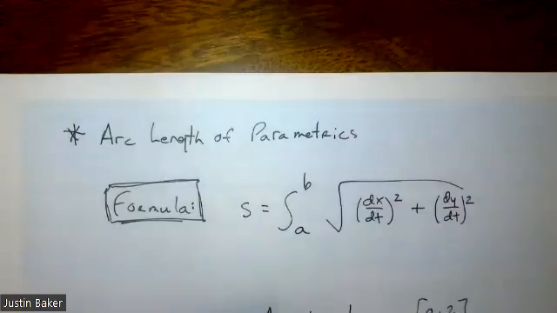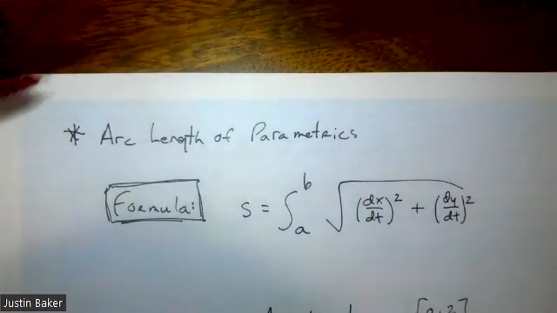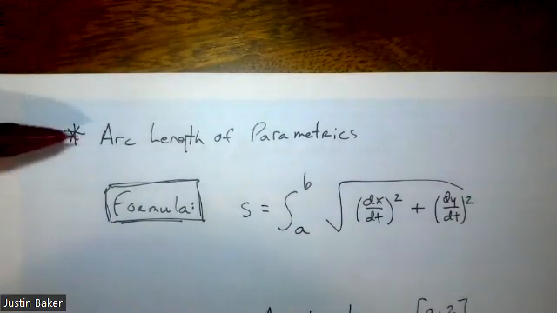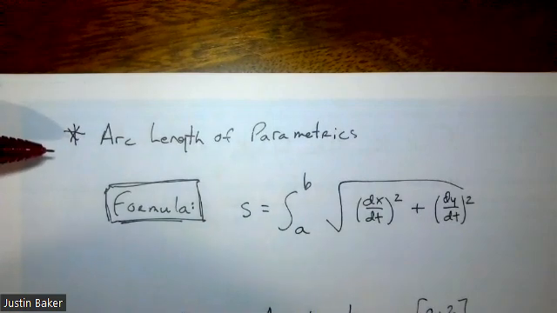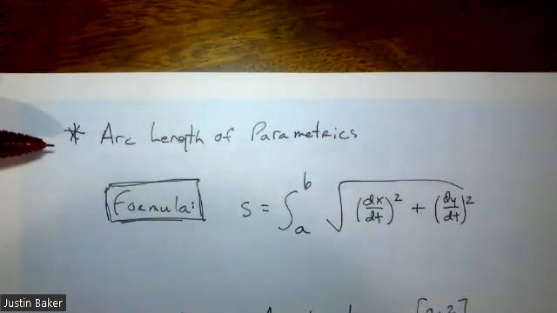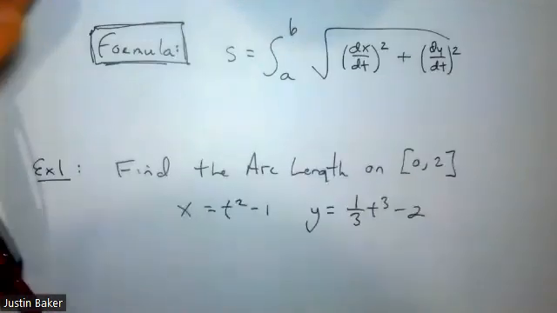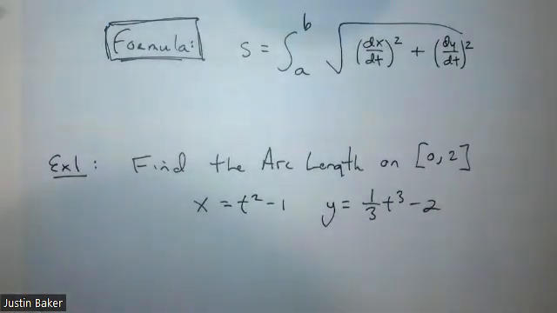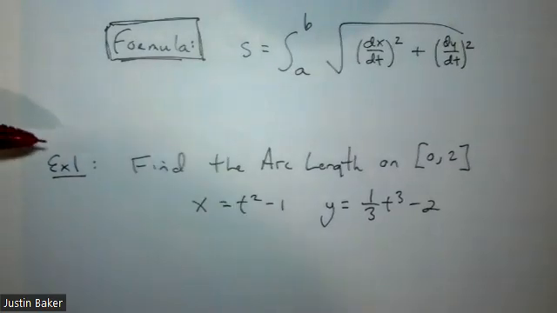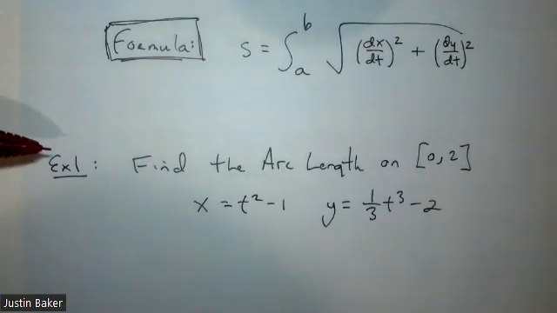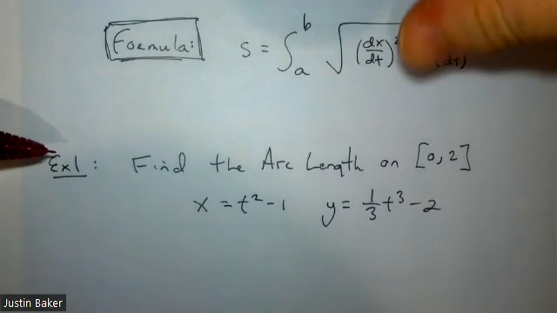My guess is you could see this in multiple choice as well. This is a pretty easy question for them to ask, it just tests the formula. So with that said, let's give it a try. Find the arc length on 0, 2. Another thing about these is that they often appear in the calculator multiple choice because these integrals are usually kind of crazy.